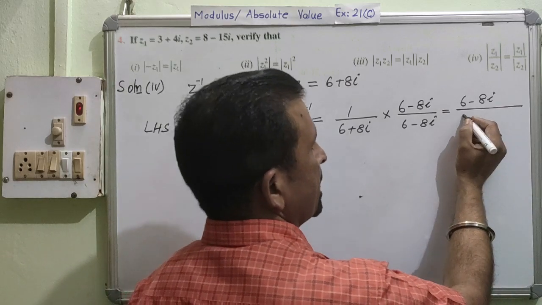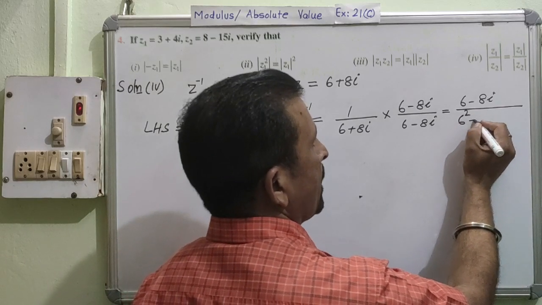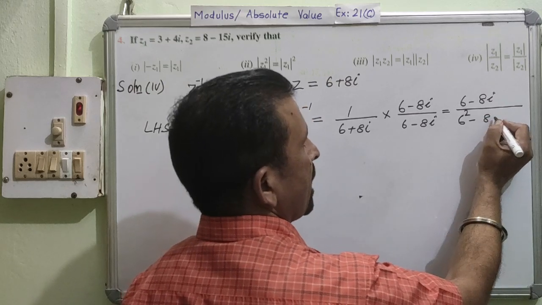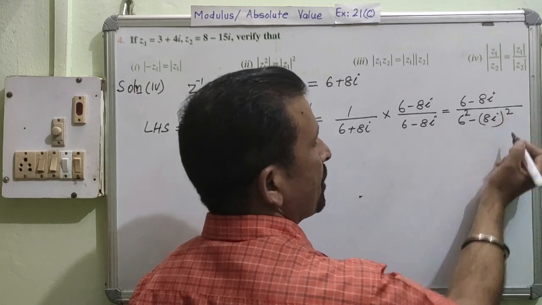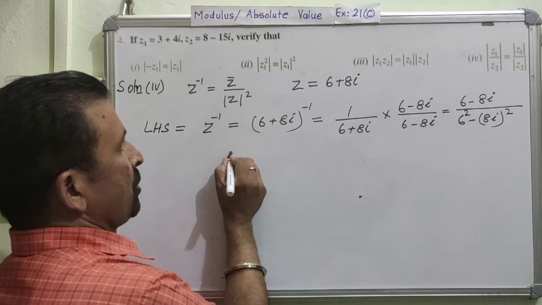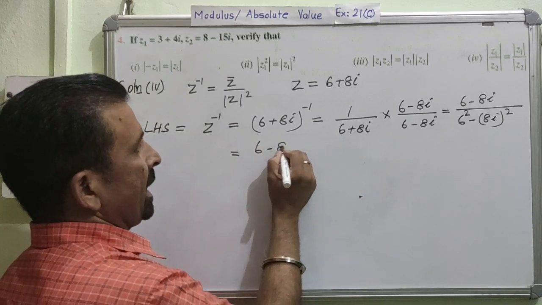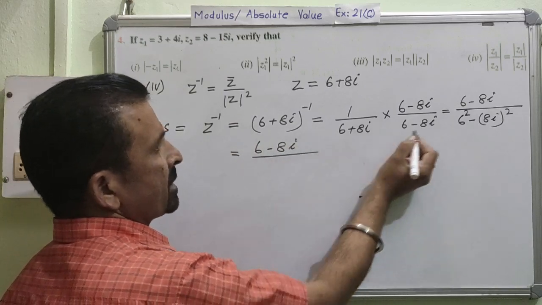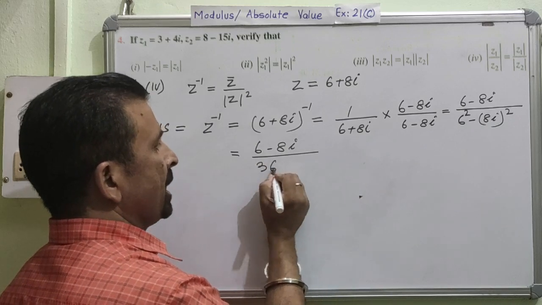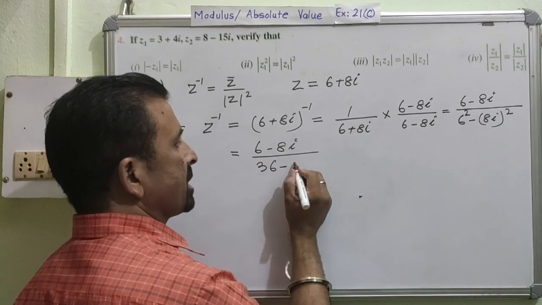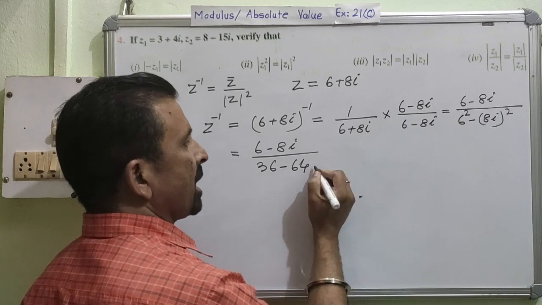So we can write this as 6 square minus 8i square. Is it okay? Now the numerator will become 6 minus 8i as it is. In the denominator, 6 square will become 36, and then minus 8 square means 64, and i square means i square.